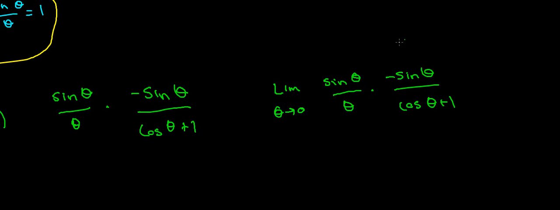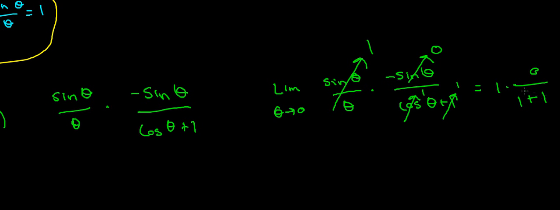So now I can take the limit. I know that this limit is 1, this limit is 0, this one is 1, and this one is 1, so I get 1 times 0 over 1 plus 1, so the whole limit is equal to 0.